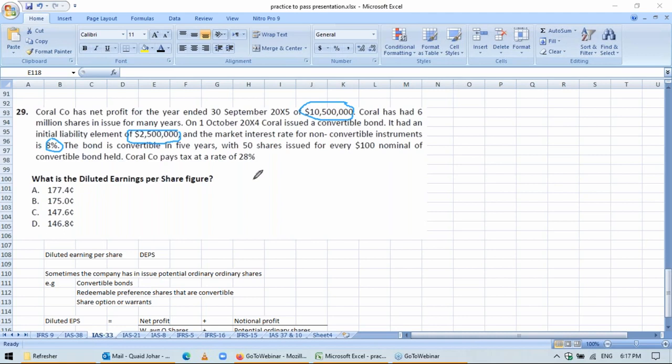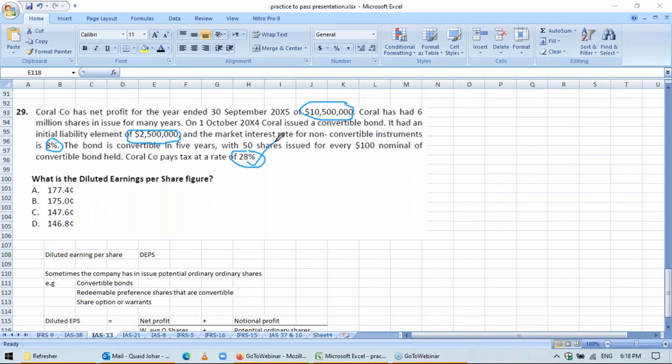Now one more thing: the interest expense is deducted from the taxable income. Remember, we deduct the interest expense of a company from the taxable income, so the taxable income declines, and we save tax at the rate of 28% in this question. But what happens once there is no interest due to the conversion of bonds? The company won't be able to deduct the interest from the taxable income, so it won't save tax on that interest at 28%.